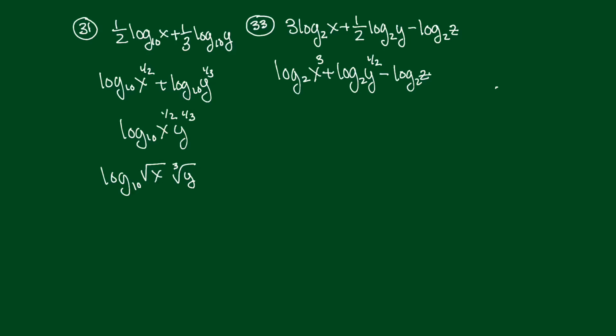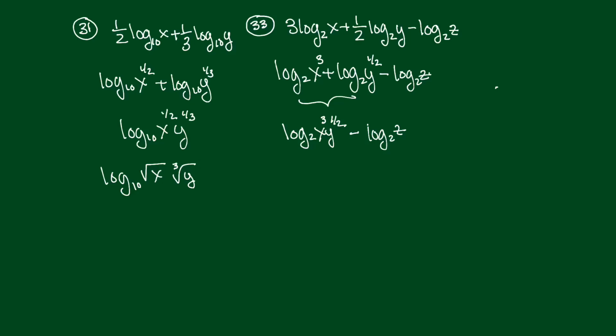And now I see I've got this sum of logarithms right here. I've got a plus right there. So what I can do is write that as the multiplication. So let me get rid of that, and I will rewrite this part as the log base 2 of x cubed y to the 1/2, and then I still have that minus log base 2 of z.